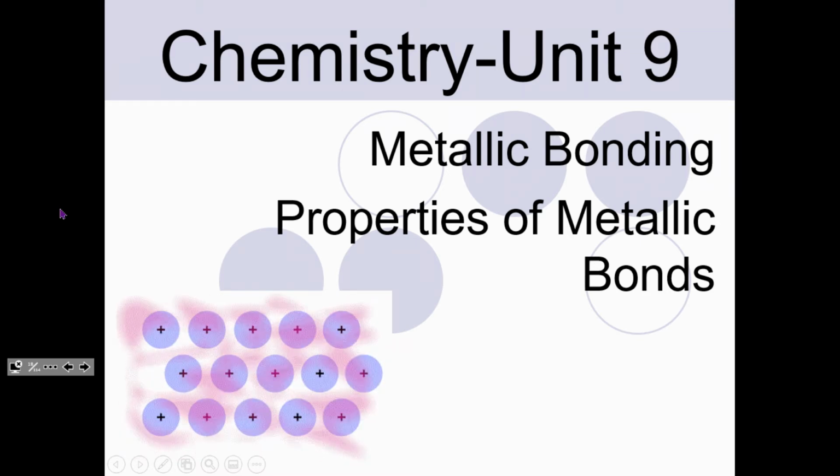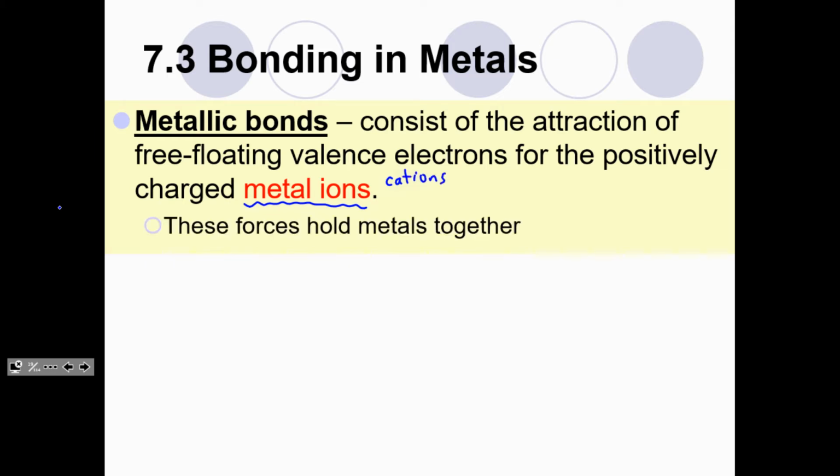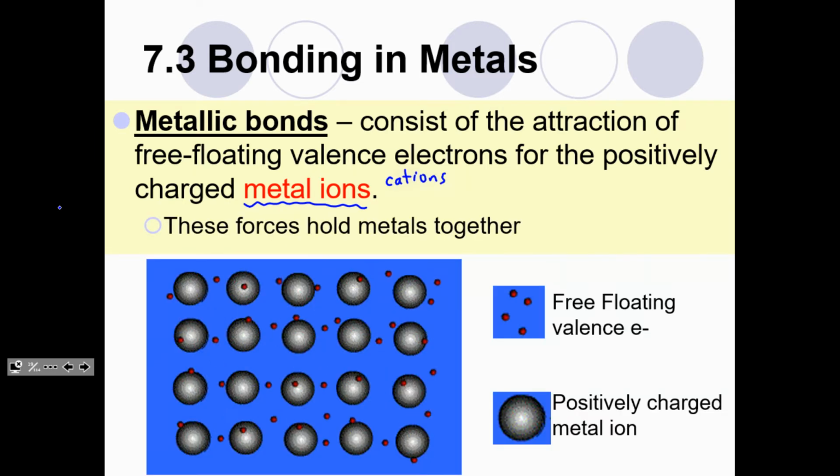And what we'll find in metallic bonding is that the electrons can freely flow between the metal cations, and this is how they are able to stick together. So we have freely floating valence electrons, and we are freely flowing over the metal ions, which we call cations. These forces are what hold the metals together.